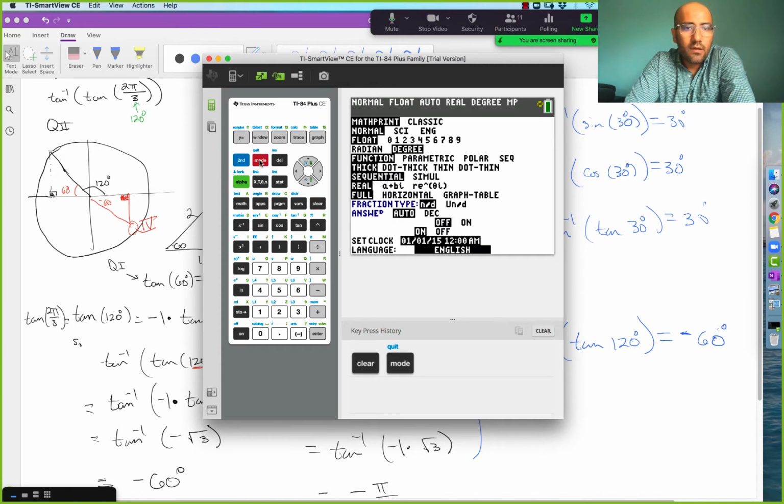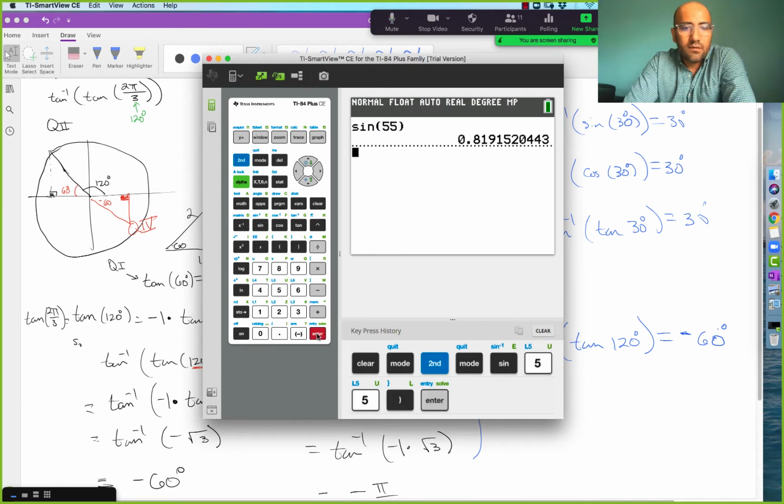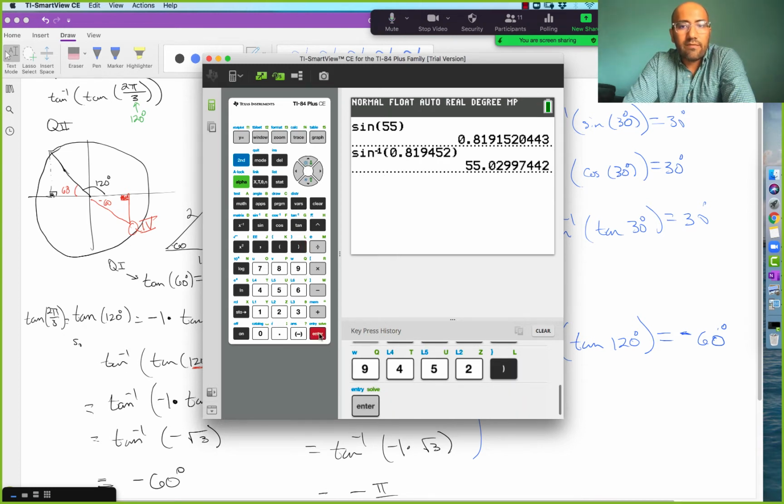All right, let's go to degrees. Okay, I'm in degrees. Let's try some stuff out. Say, for example, I put in sine of 55 degrees, I get some decimal. Then if I take sine inverse of that decimal, 0.81915, approximately, I should get 55 degrees.